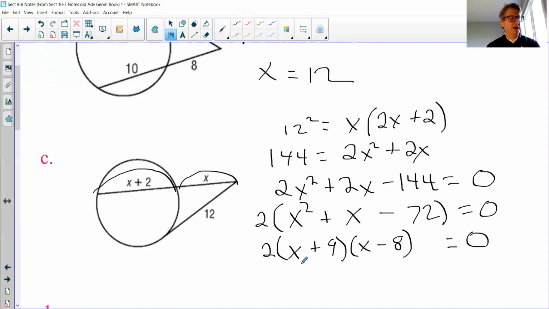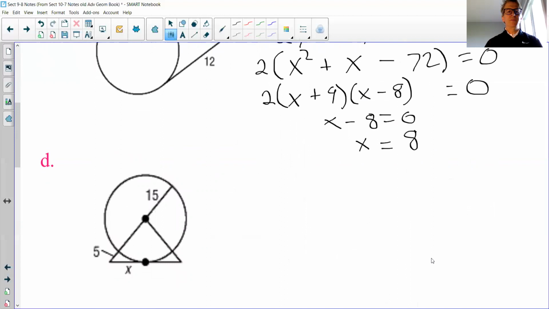And your answers would be x equals negative 9, which we're going to cancel out, or your x minus 8 is equal to 0, and that would be x is 8. Keep a lookout for that type of questioning coming up.